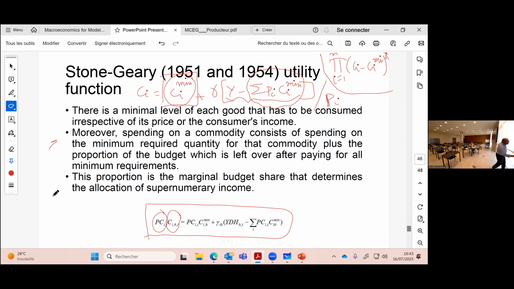We have what we call the AIDS system, the almost ideal demand system. We can use a CDE demand system, constant difference elasticity system, and others, but that is at an advanced level and we have no time to go there.